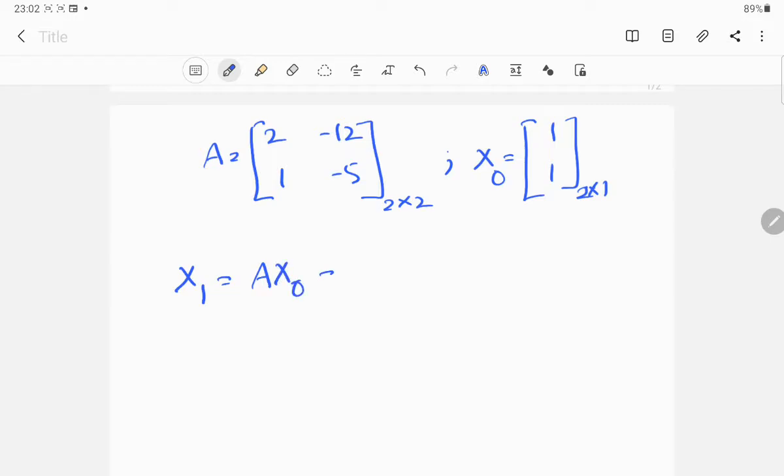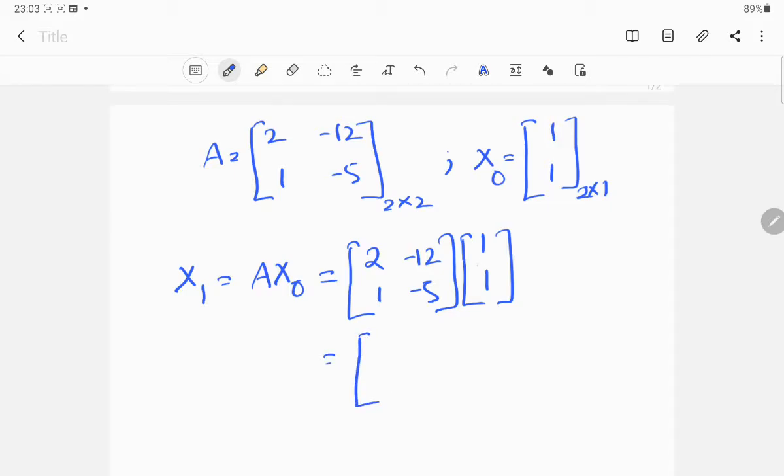It is A x naught, so [2, -12; 1, -5] times [1; 1]. So 2 into 1 minus 12 into 1, and 1 into 1 minus 5 into 1. 2 minus 12 means minus 10, and 1 minus 5 means minus 4.